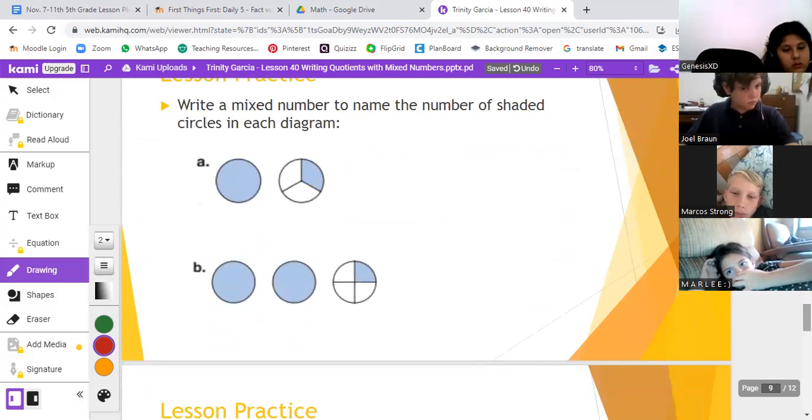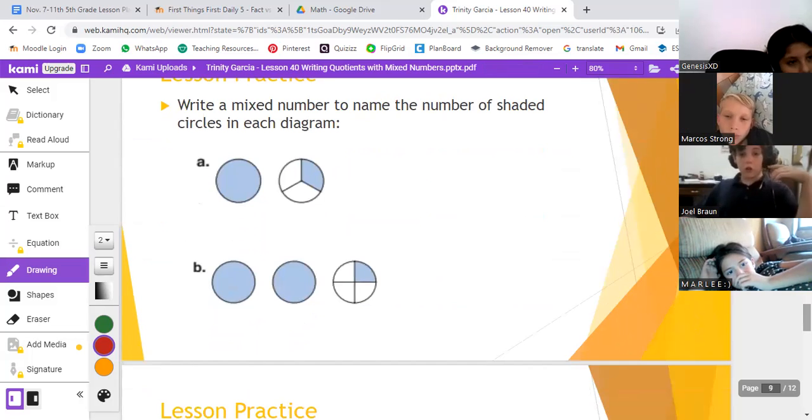Marley, letter A. Can you write a mixed number to name the number of shaded circles on letter A? And Genesis, can you do B, please?